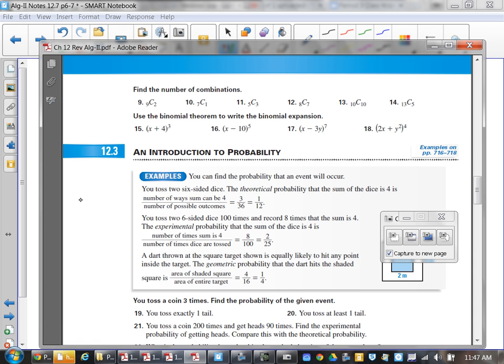You've got your binomial expansion, the idea of whether or not having to write it all out, or find a specific term, which is what we've done. Probability, it's 6-sided dice, flipping a card, it's not scary. Then you get into compound probability.